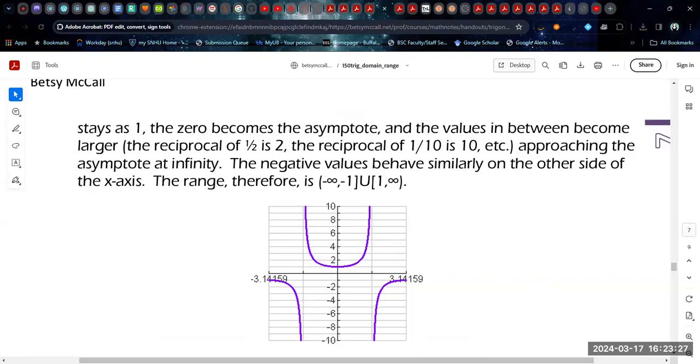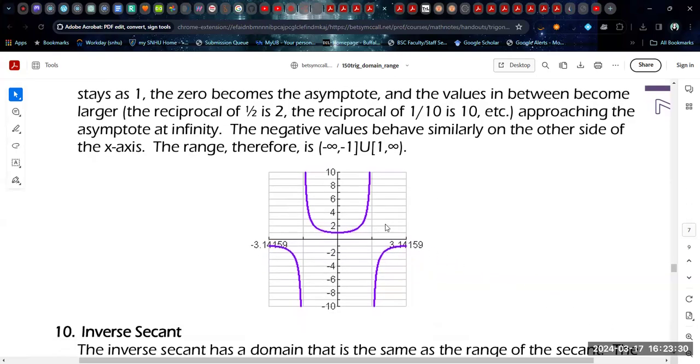And in this case, in order to get the domain, we're going to have to split this graph around the asymptote, actually. We're going to have to split this from 0 to pi in order to get the full range of values at least one time. So it's still going to have the hole at pi over 2 in the middle of the domain.